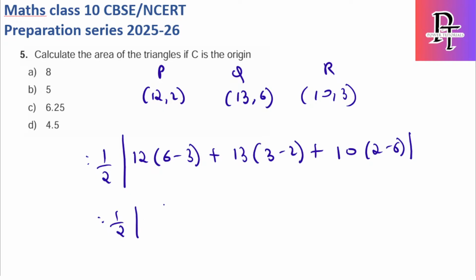So half into 12 threes are 36, plus 13, minus 40. So this becomes 49 minus 40, which is again 9 by 2, which is 4.5. So always remember, area doesn't change with respect to axis.